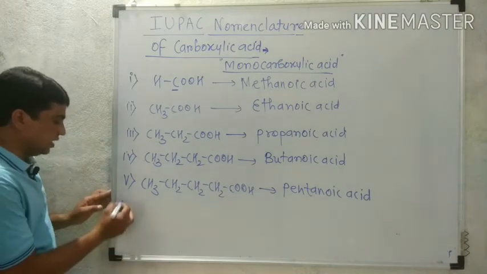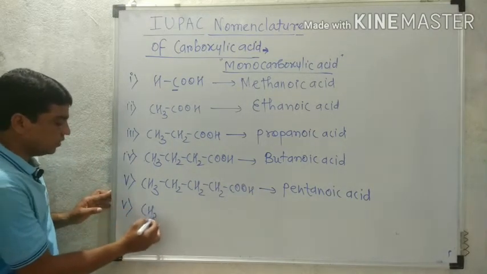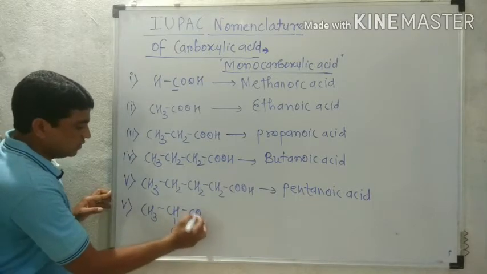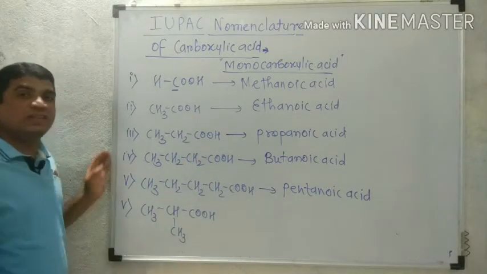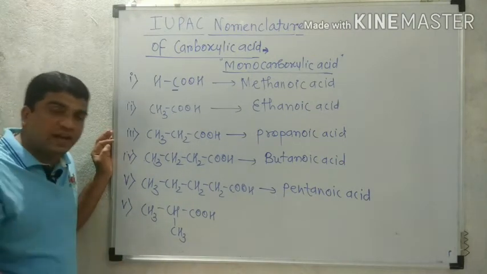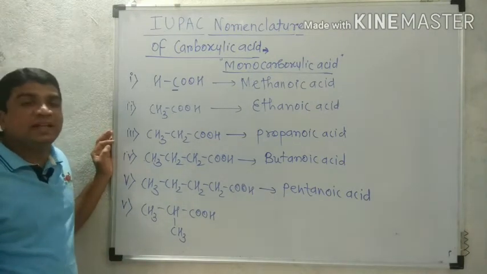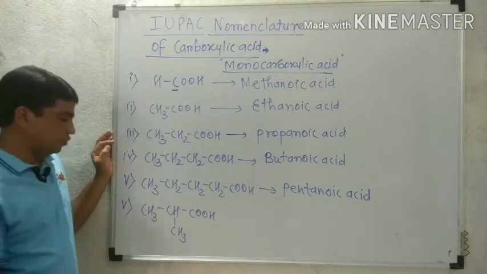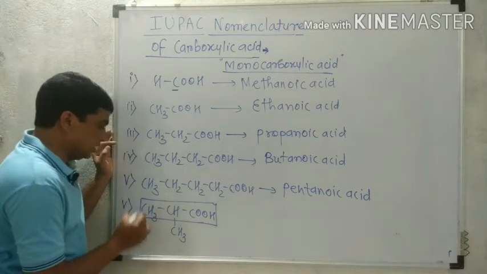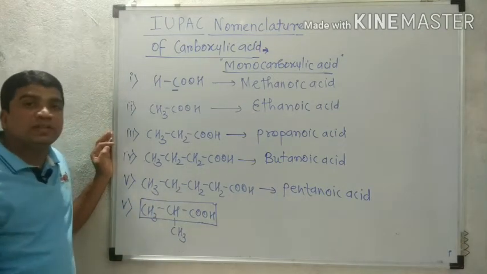But if the structure contains a substituent, like CH3CH(CH3)COOH, the structure contains a substituent. Firstly, we select the longest chain that contains the COOH group. So this is the parent chain of the structure, which includes COOH.